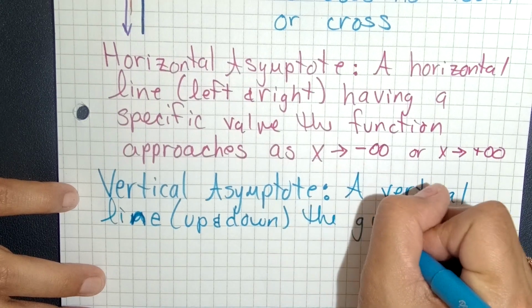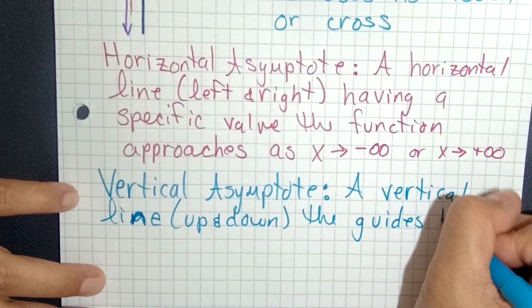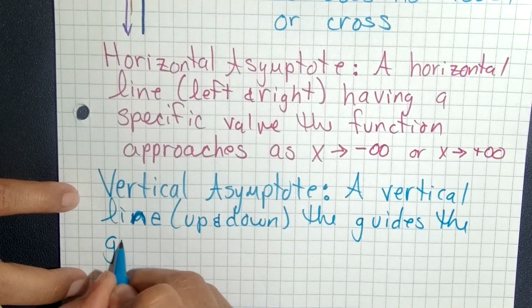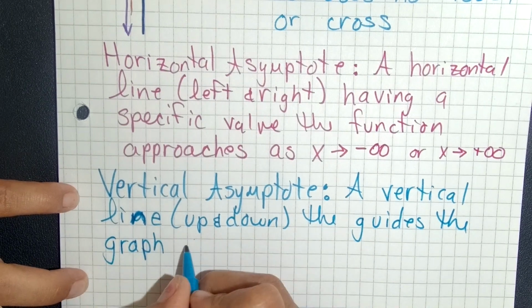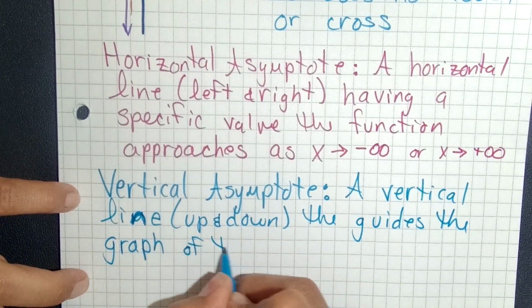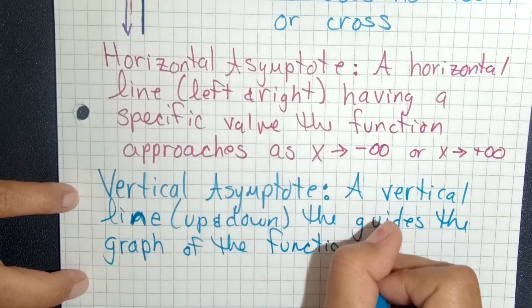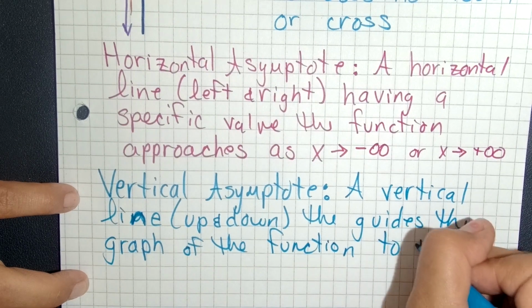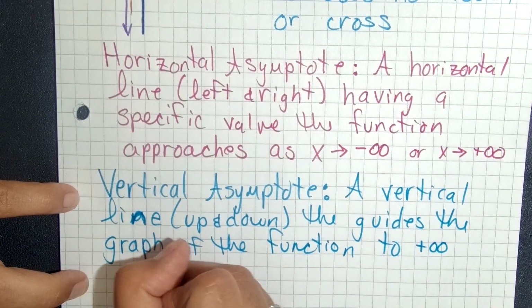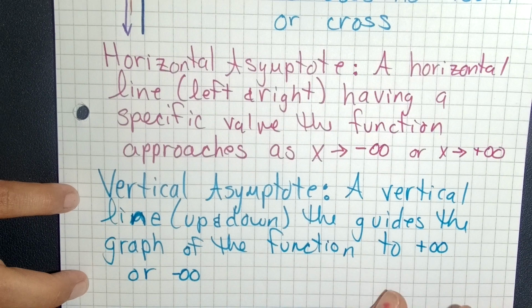That guides the graph of the function to positive infinity or negative infinity.